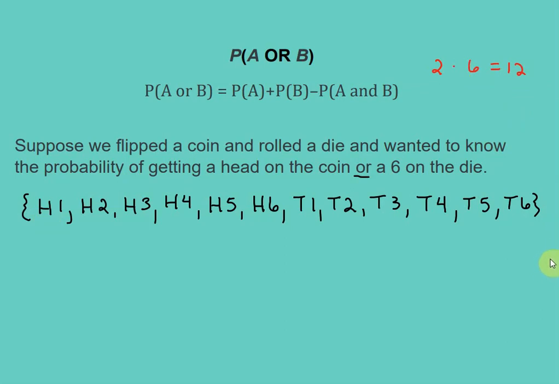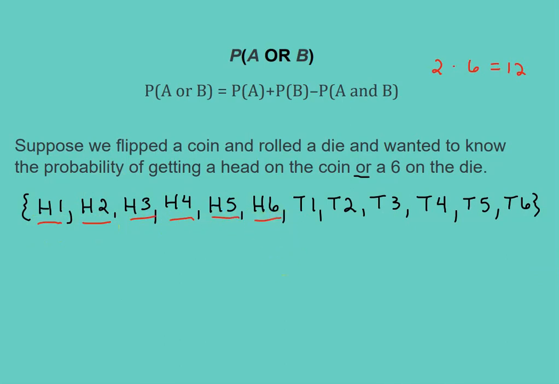Now, to determine the probability of getting a head on the coin or a 6 on the die, if we count up our different possibilities, all of these are heads, so that fits the criteria of what we want. So this is 1, 2, 3, 4, 5, 6 heads.